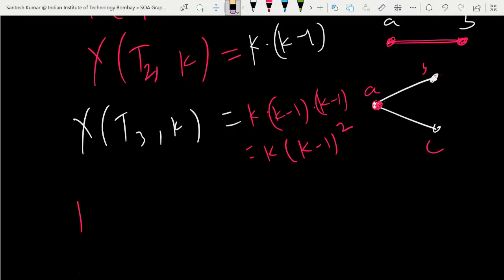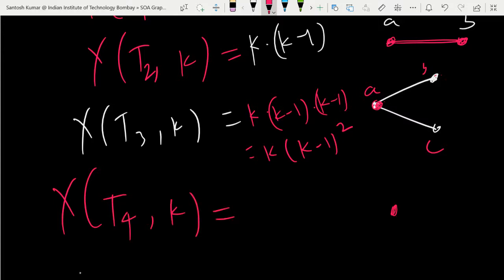Now I want to write the number of proper colorings of T4 comma k, meaning a tree with four vertices. So 1, 2, 3, and let me increase it to 4.